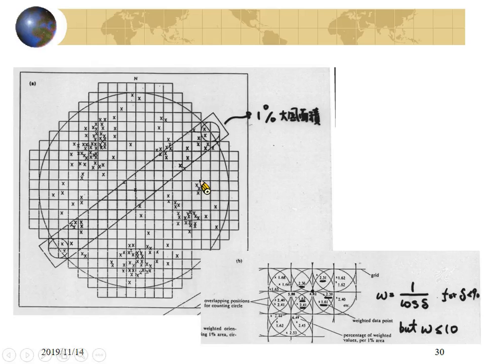It shows you here. Every single measurement, you multiply by a weighting factor equal to 1 divided by cosine delta. Delta is the angle between the scan line and the orientation of that plane. Understand? I already told you.